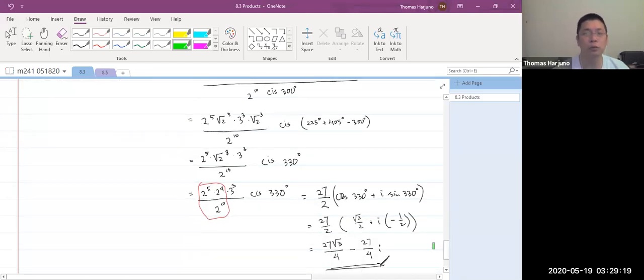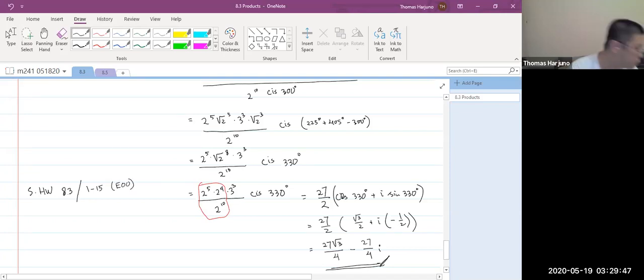Now let me continue. Suggested homework for this 8.3 will be number 1 to number 49. Maybe I do it this way. Number 1 to number 15, every other odd. That's not so important. Number 17 to 37, do the odd ones.